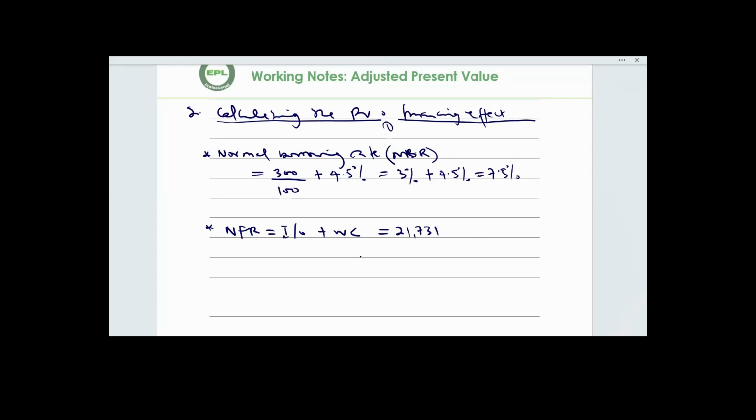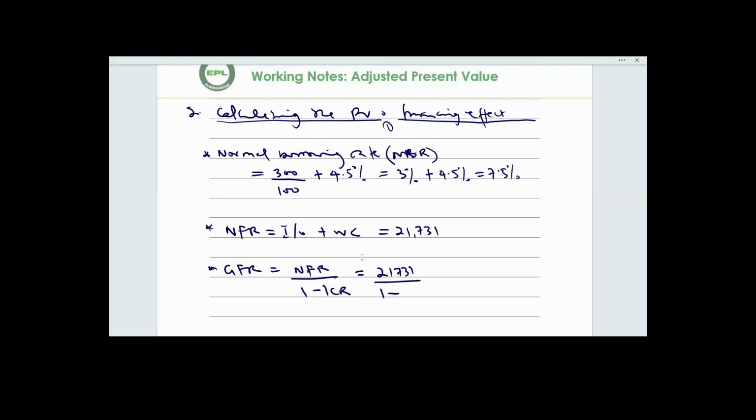We've already calculated that. Therefore, the gross finance required will then be equal to the net finance required divided by 1 minus issue cost rate. Issue cost rate, which is equal to 21,731 divided by 1 minus the issue cost rate.